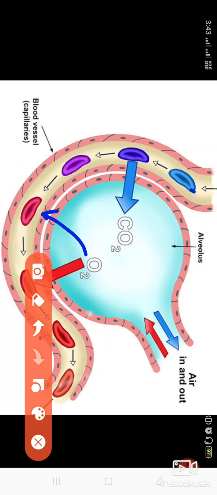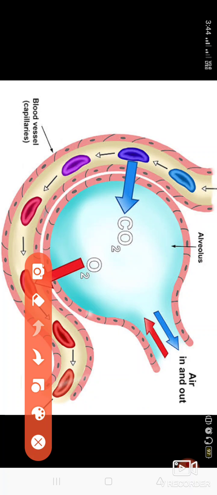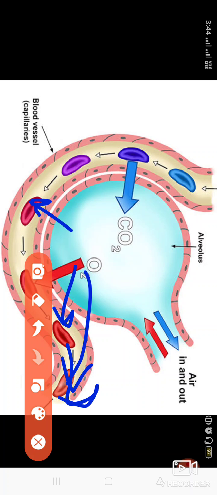These two walls, these are the walls of the alveolar sac, and these are the walls of the blood vessels. Both the membranes can actually absorb the oxygen through the process of diffusion, and by this process the oxygen is brought into the RBCs, and these RBCs carry the oxygen rich blood to the body.